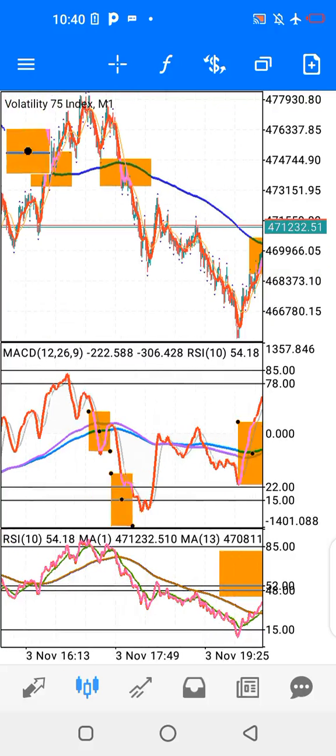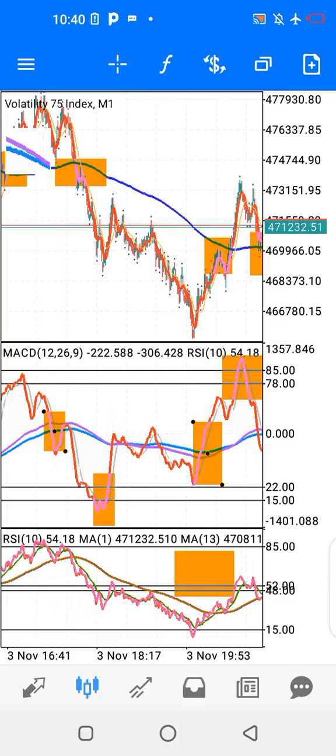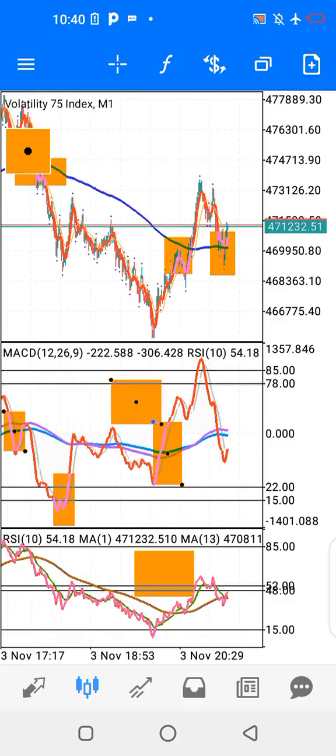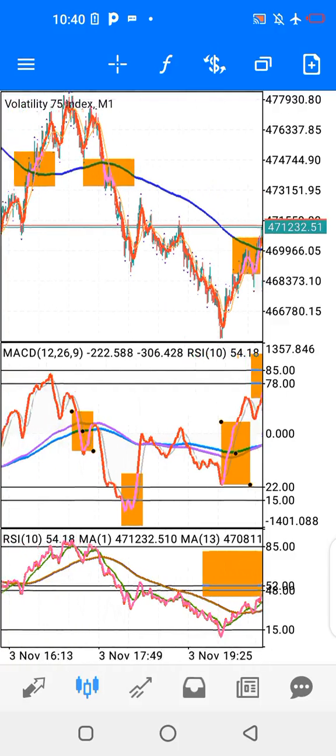The 15 and 22 levels serve as your support when the red line gets to it and bounces. Then the 78 and 85 levels serve as your resistance when the red line gets into it and rejects. Okay, so that's that. Now let's go to indicator window 2.